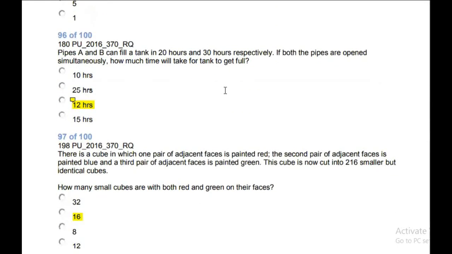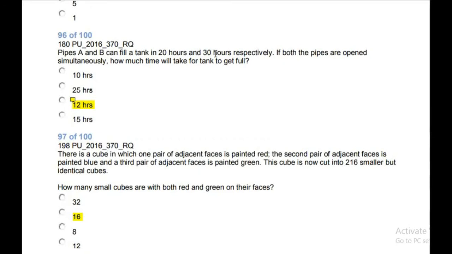And then the next question, question number 96. Pipes A and B can fill a tank in 20 hours and 30 hours respectively. So pipe A can fill the tank in 20 hours, so pipe A fills 1 by 20 of the tank in 1 hour.